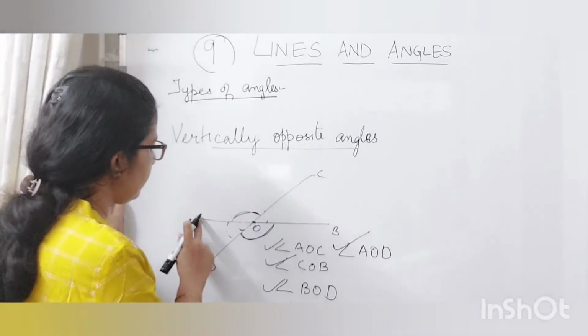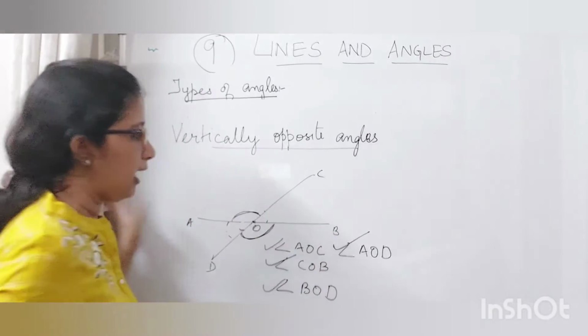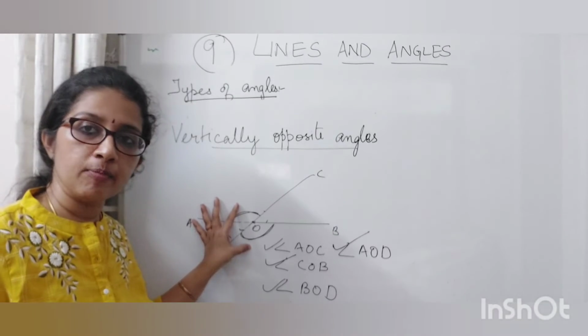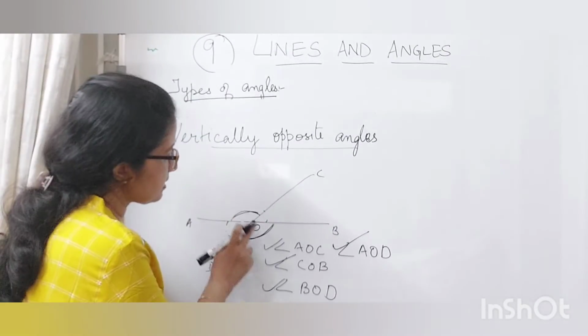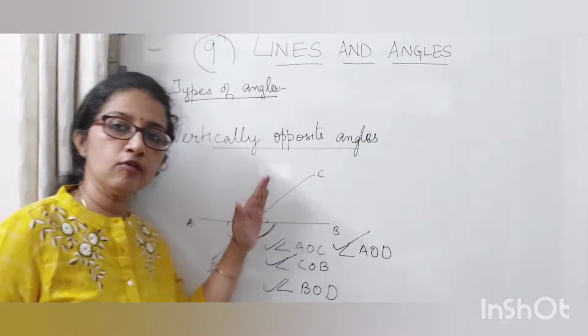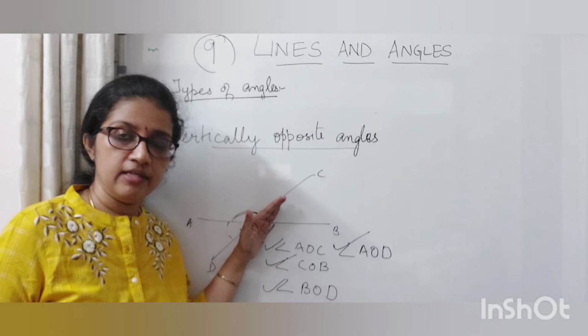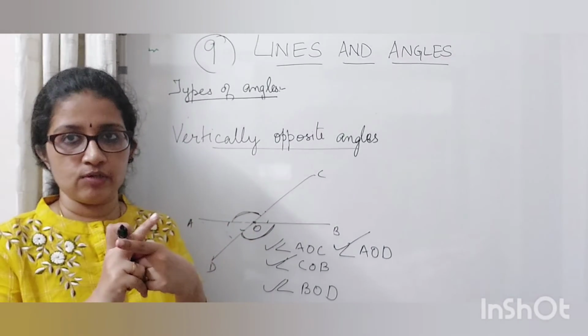What is the other pair? AOC and DOB are the other pair of vertically opposite angles. Clear? Because they are on the opposite sides of the vertex. So there are 2 pairs of vertically opposite angles when 2 lines intersect at a point.